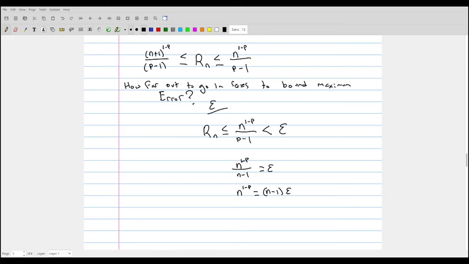And if you can solve this equation for n, that'll guarantee you choose an n that will satisfy this inequality. So it gives you a direct method of choosing where to stop in the series to guarantee a certain error tolerance for the remainder, which is very, very cool.